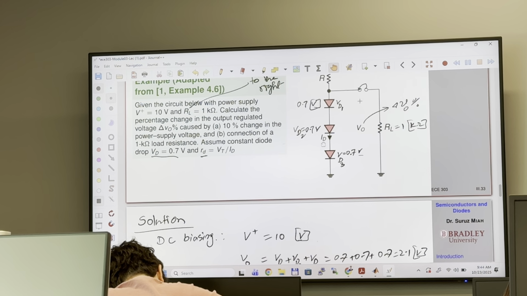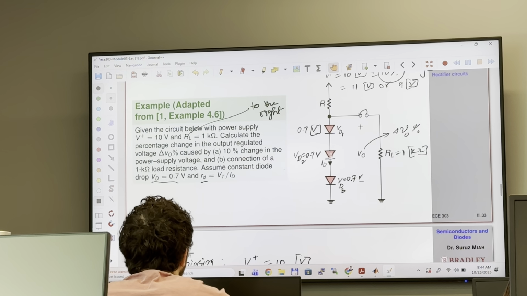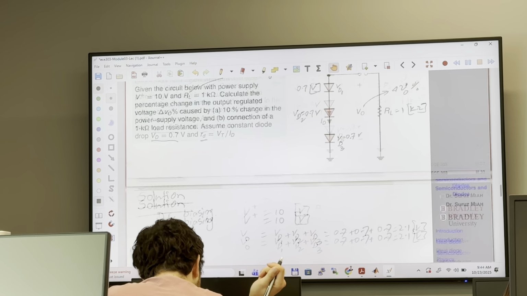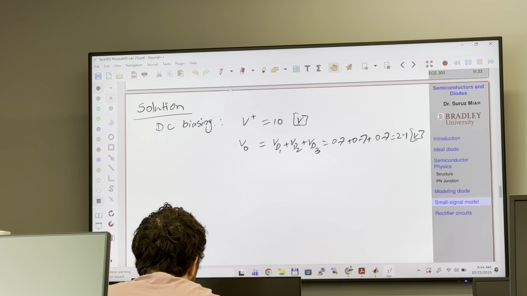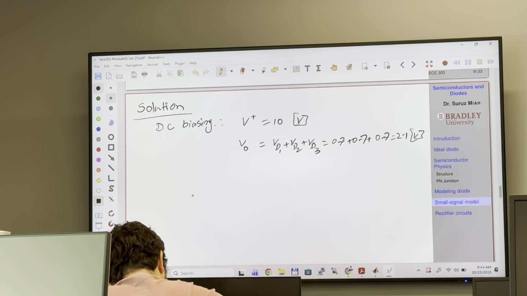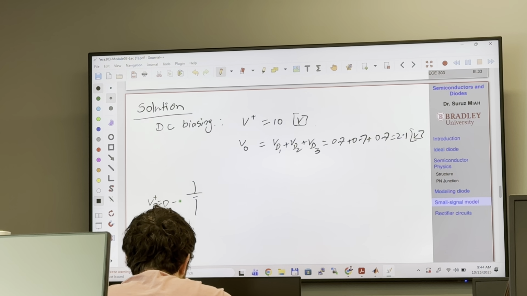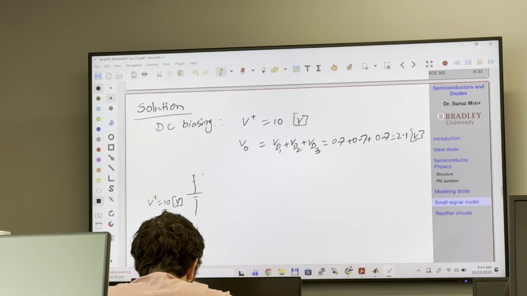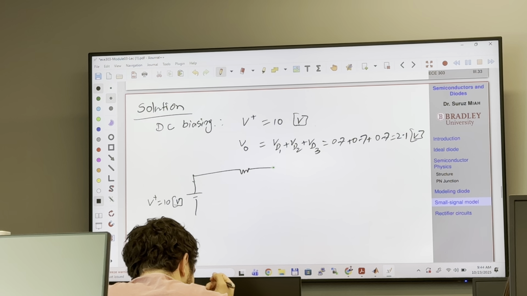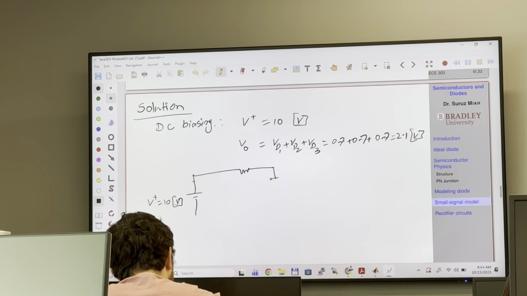And the current flowing through this diode, because we did not connect the load yet, is going to be, you can think of this DC voltage, which is V plus equals 10 volt. We have one resistor connected in series. Now we have 3 diodes connected in series.